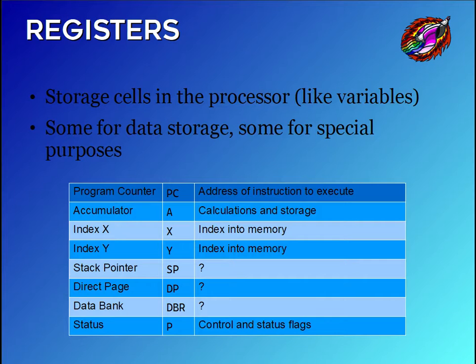And then finally we have the status register, abbreviated P. This contains a set of bit flags, 1 or 0, true or false, that indicate either the status of the processor or let you control certain aspects of what it's going to do. Again, we're going to get into this later, although we will touch the status register in this tutorial.